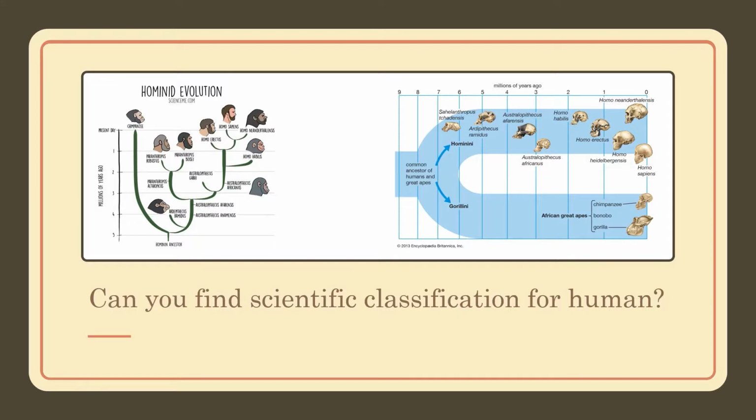But these two have the same common ancestor. The closest to Homo sapiens is Homo neanderthalensis. So our close cousin, Homo sapiens' close cousin, is Homo neanderthalensis.